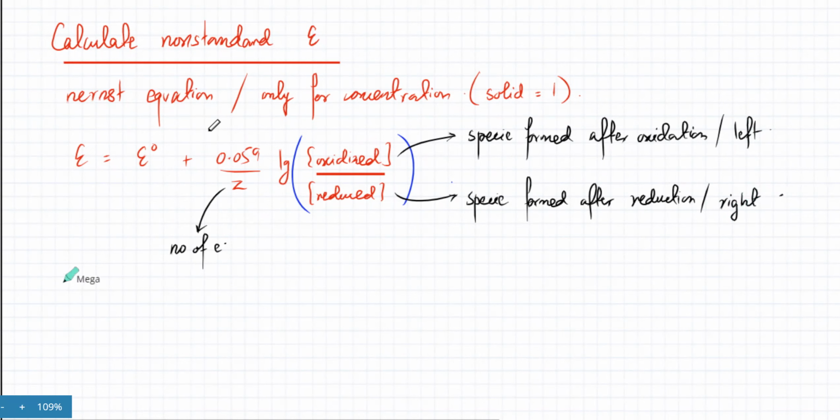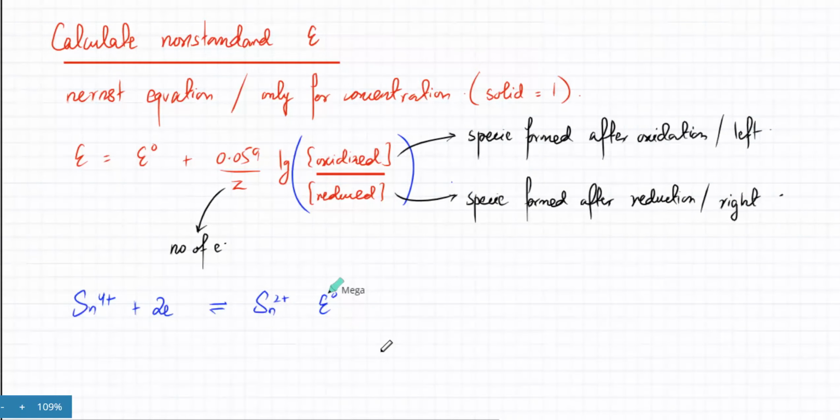So I'm going to take the same, let's take the tin 4 plus equation. So I've got tin 4 plus 2 electrons, and it's in equilibrium with tin 2 plus. The standard potential for this one, we can just quickly open this.